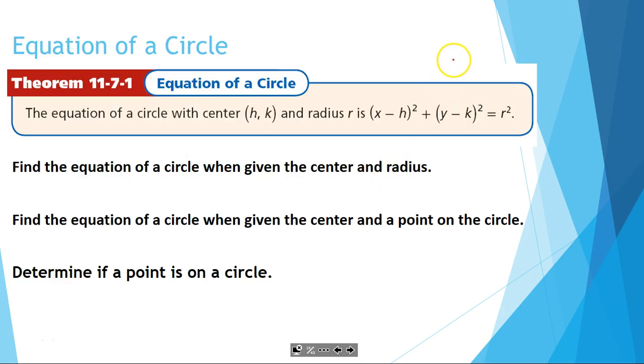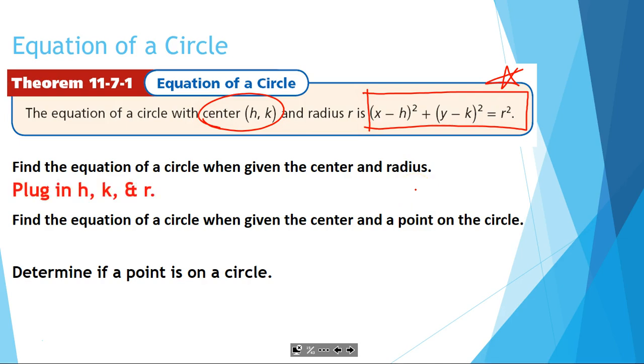Now, an equation of a circle. I want to point out to you that this formula is on the formula sheet. However, it does not tell you that h and k in that formula equal the center and that r is the radius. Now, if you don't know that r is the radius, I don't know what to say. So here's the deal. It says find the equation of a circle when given the center and the radius.